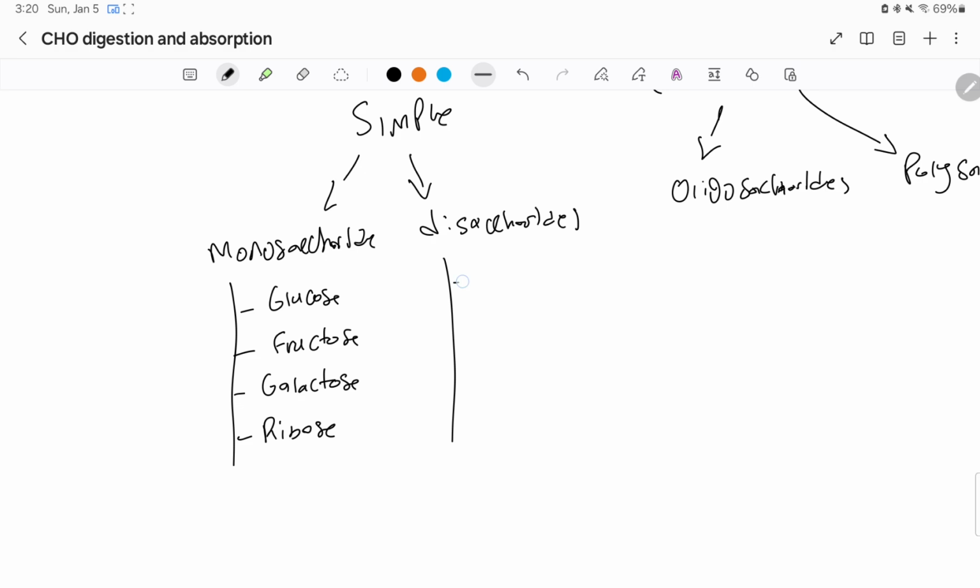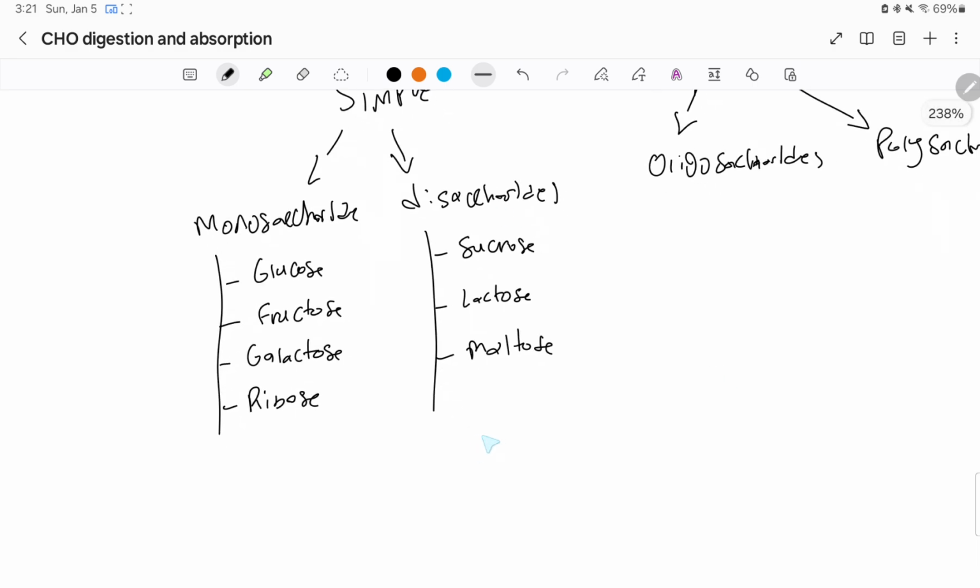What about your disaccharides? Your disaccharides include things like sucrose, which, by the way, is made up of glucose and fructose, and lactose, which is glucose and galactose. And then finally, we have maltose, and again, maltose is 2 glucose units, okay?